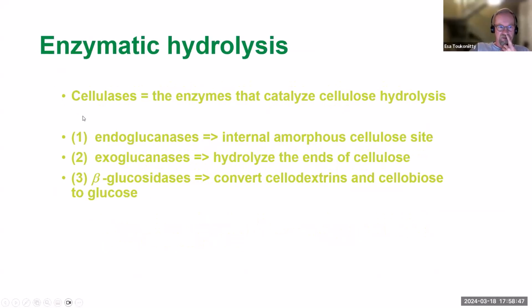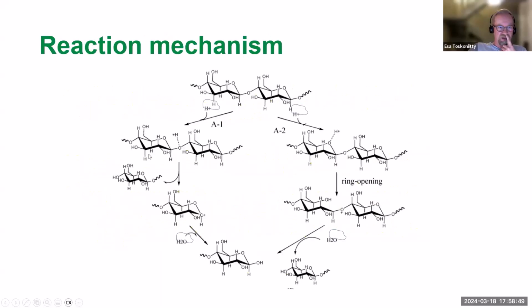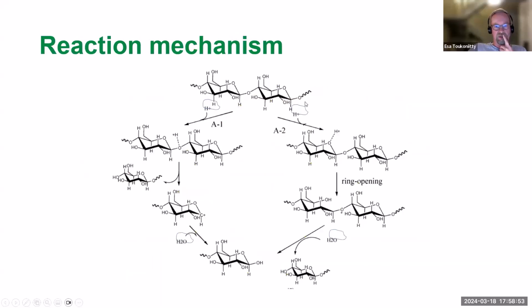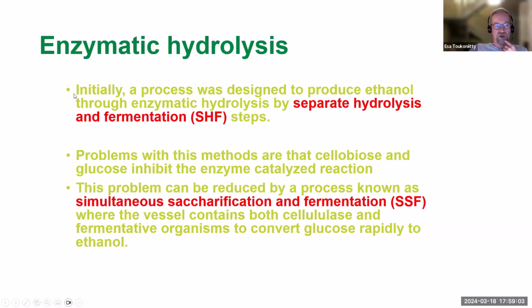So this previous one was hydrolysis of cellulose, made out of only one single glucose monomer, and that can be done easily with the help of acidic catalysts or enzymatic catalysts, like I mentioned earlier.